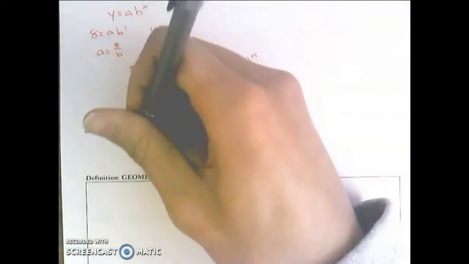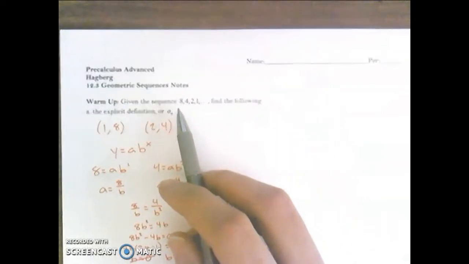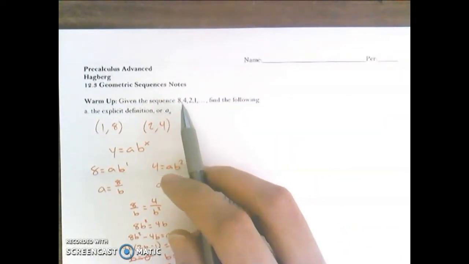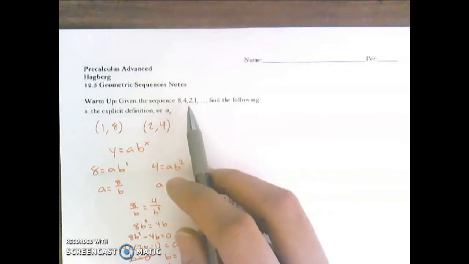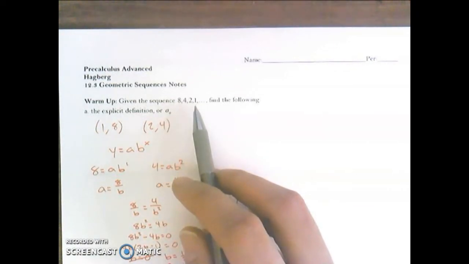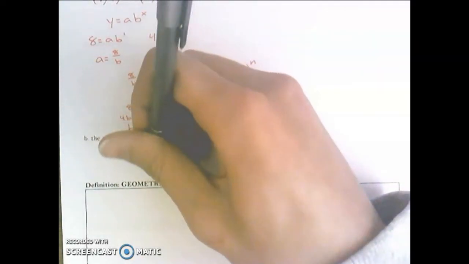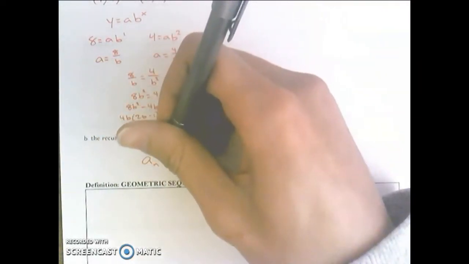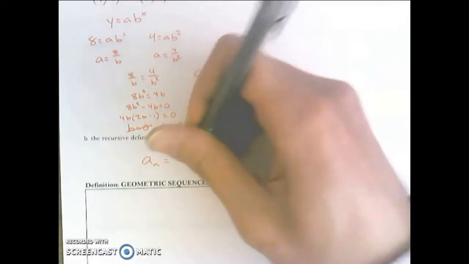So let's look back up. What happens each time? We're dividing by 2 each time, right? So for any given term in the sequence, it is half of the previous term. So our recursive definition could be: for a sub n, we have a sub n minus 1, the previous term, over 2. We divide it by 2.